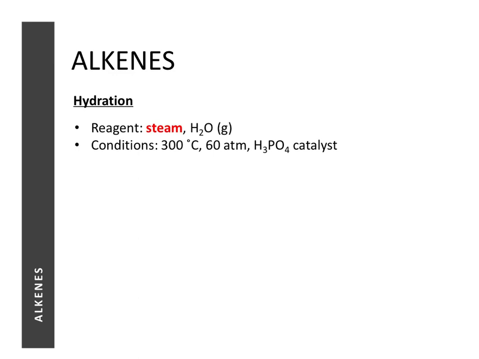Now the next reaction is hydration. So hydration, we are adding water to an alkene. We have seen that when we add water to ethene, the product that we get is ethanol.